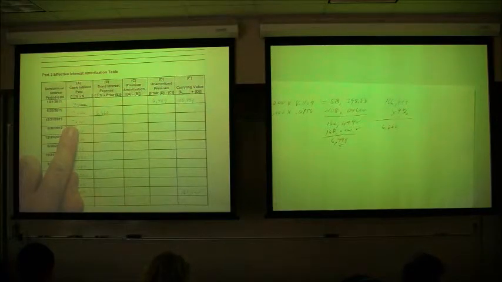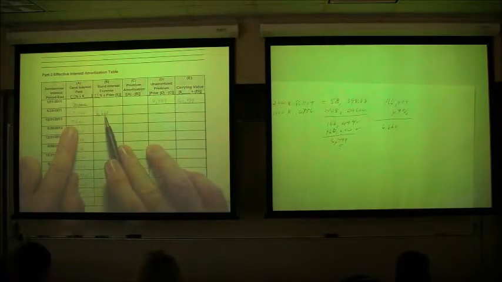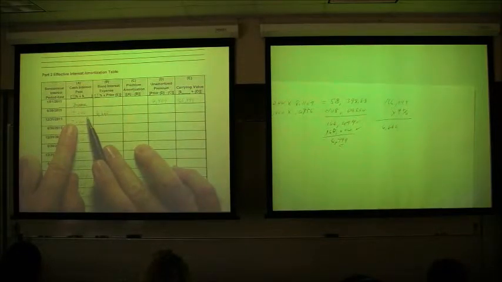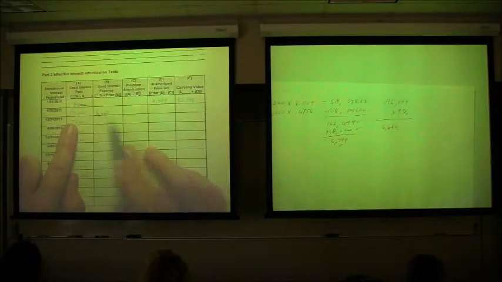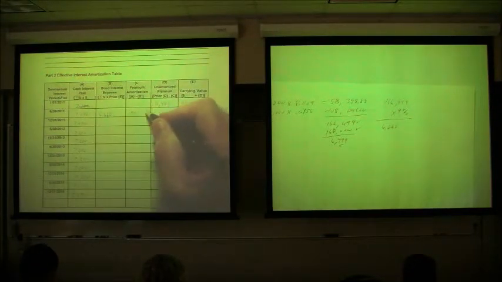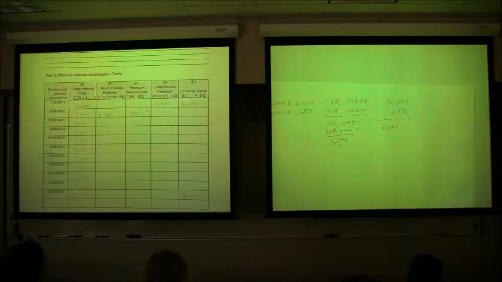So here's the interest based on 8%. Here's the interest based on 9%. That creates a difference of $540. That $540 is part of the premium we're amortizing.